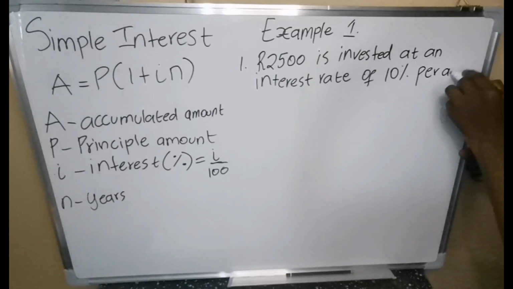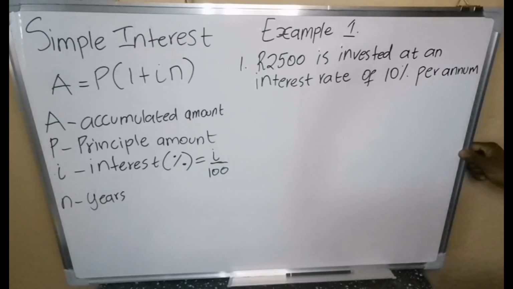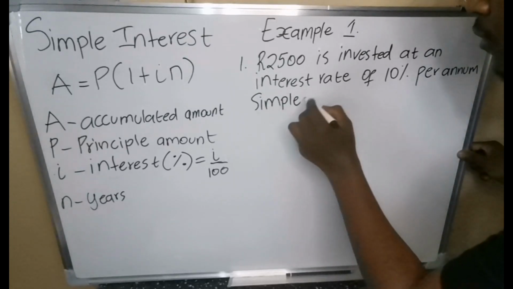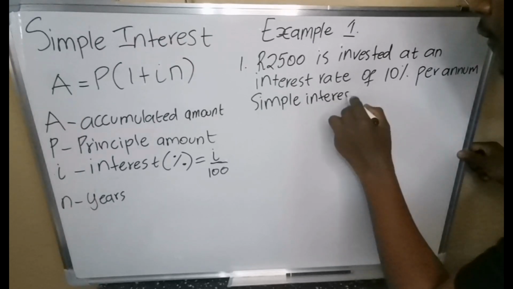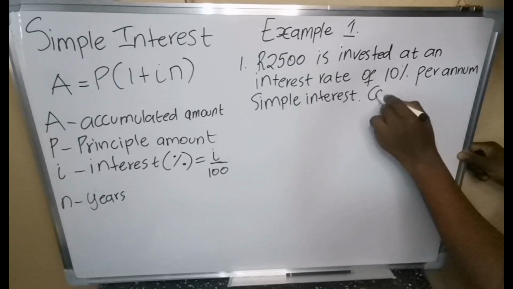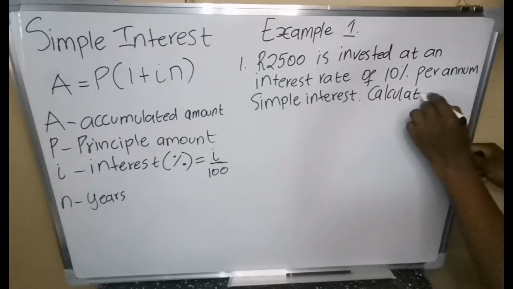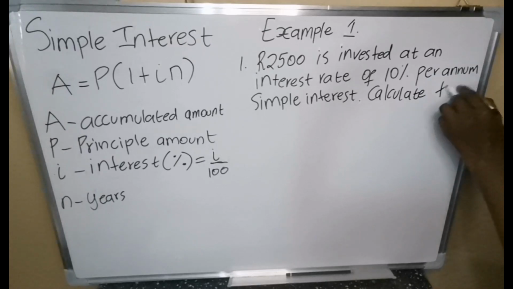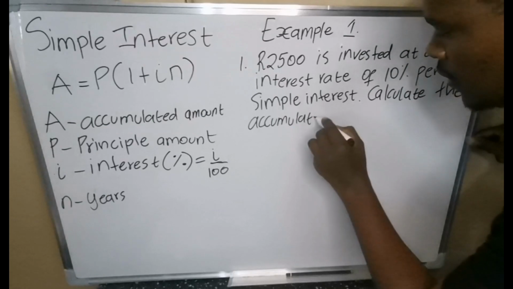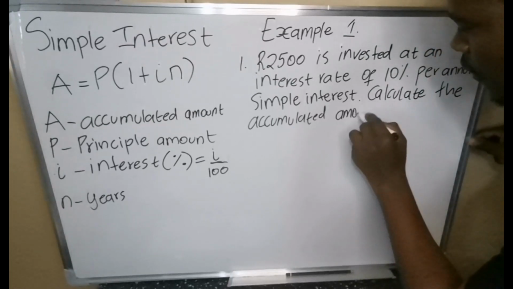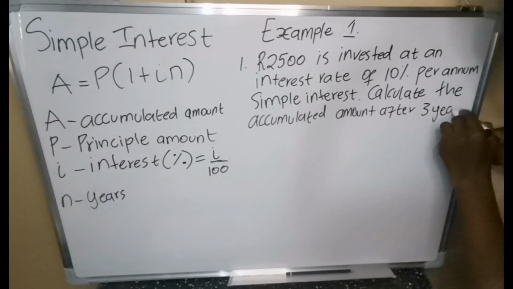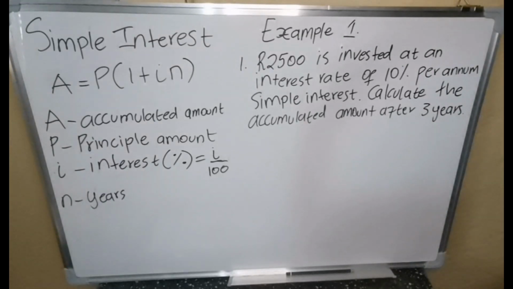Per annum means per year. Simple interest. Guys, they tell you what this is: a simple interest. Calculate the accumulated amount after 3 years. So calculate the accumulated amount after 3 years.